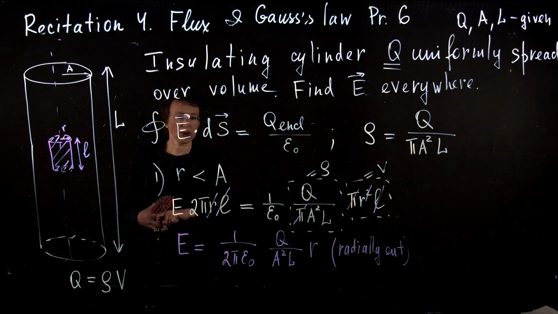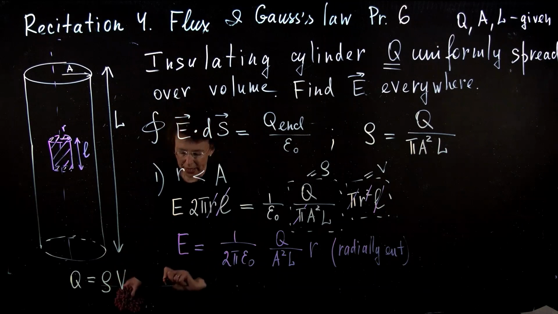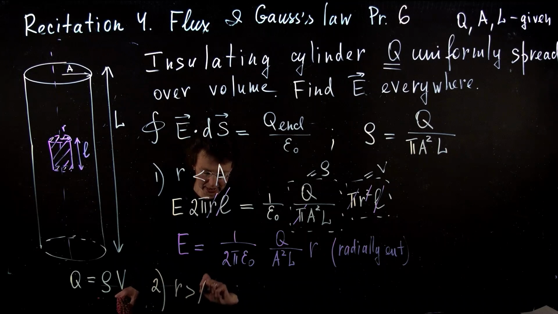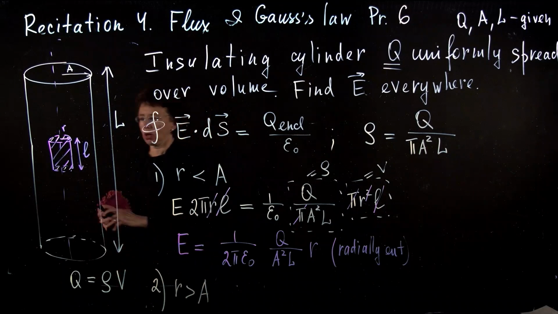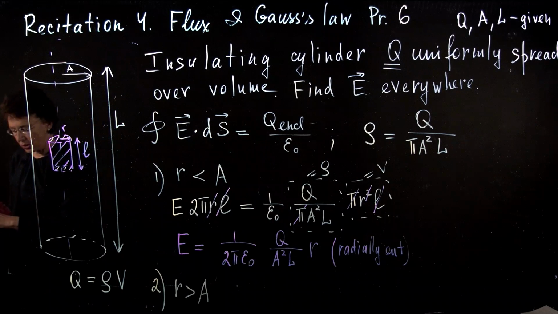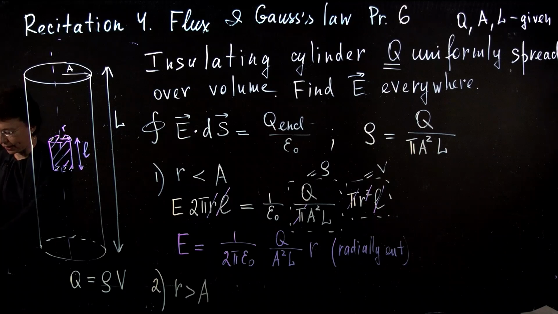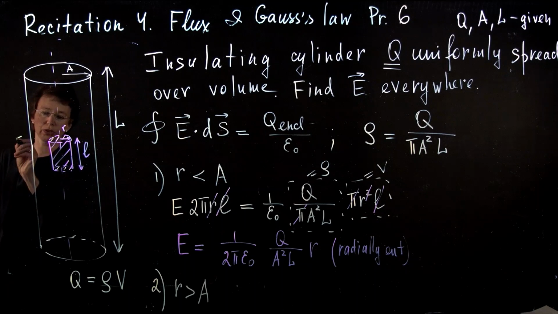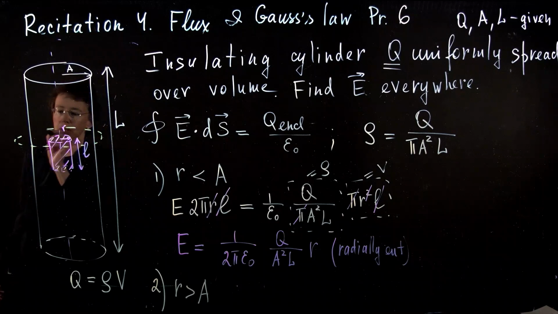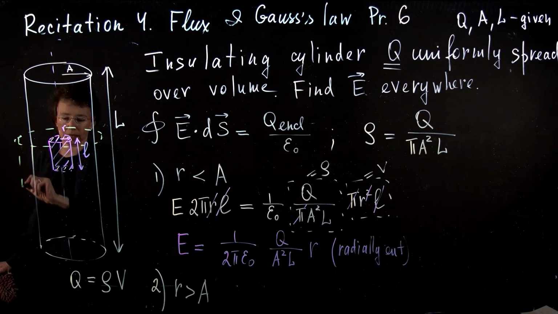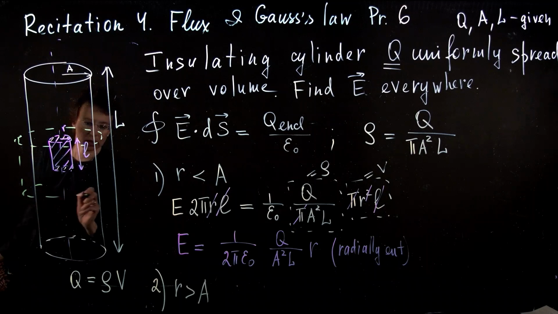Now we need to find the electric field for r greater than A. I will consider a new Gaussian surface. This time I will do it in green. My new Gaussian surface will be this cylinder, again with the center at the original cylinder.